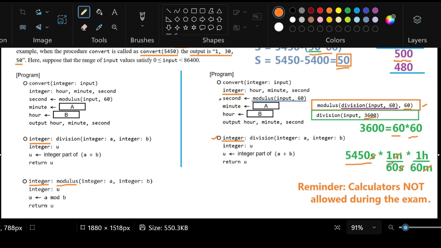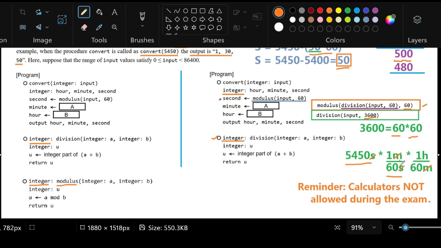We see that we can multiply it in this way, because a minute would have 60 seconds, and that way if we divide 5450 by 60, we should get the equivalent in minutes.